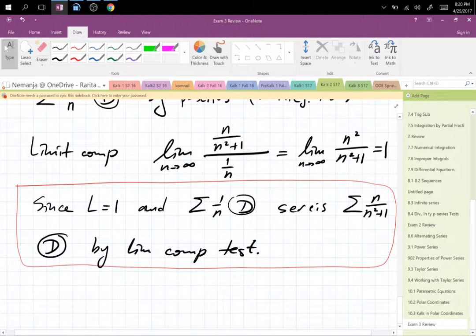Then you are doing the limit comparison, a_n over b_n, and that gave us the finite limit. Because the limit is finite and the summation of b_n diverged, the summation of a_n, which is the original problem, will do the same thing, which is diverge. And there you go. That's it. Done deal.